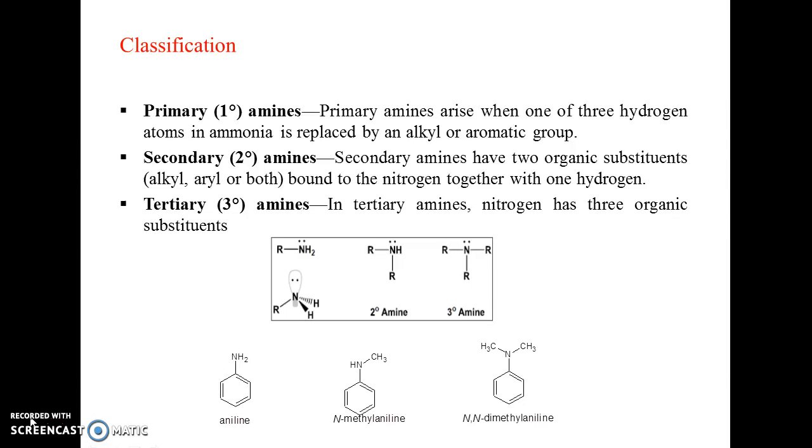Tertiary amines: here on the nitrogen, three different or three similar substitutions are present. That means the three hydrogen atoms of nitrogen on the ammonia molecule are replaced with either aryl moieties or alkyl moieties. Here we can take an example of N,N-dimethyl aniline, where the three substitutions are methyl, methyl and phenyl moieties. The general formula is R3N.